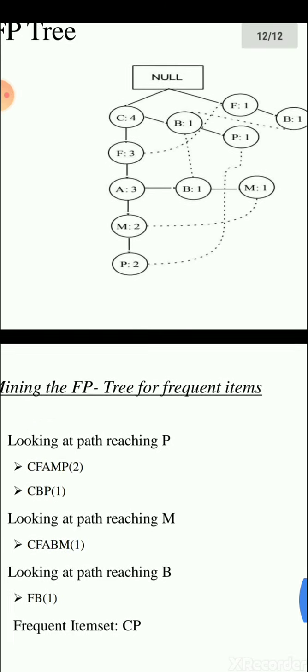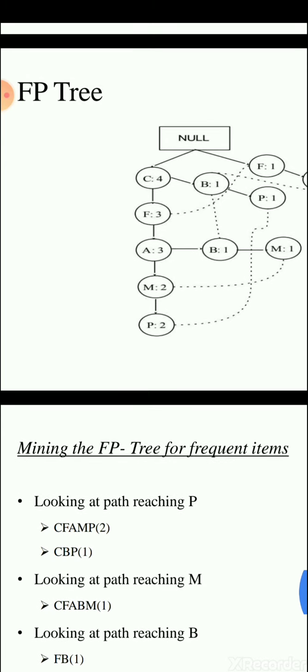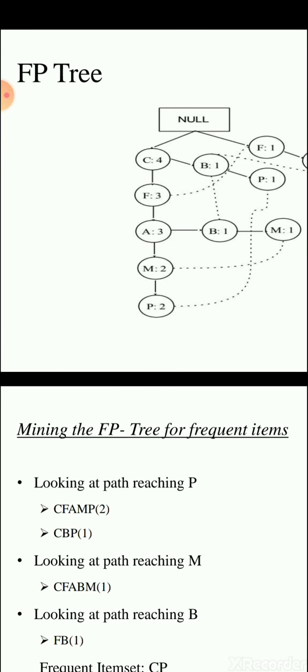Then you have to mine it. Only then do you know which are the frequent items. Here we look at the paths reaching P. We get C F A M with frequency count 2, and C B P with 1.